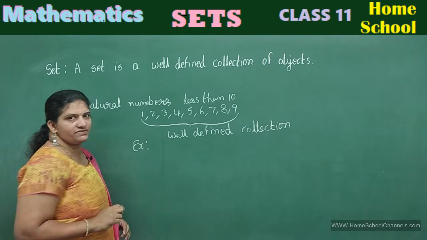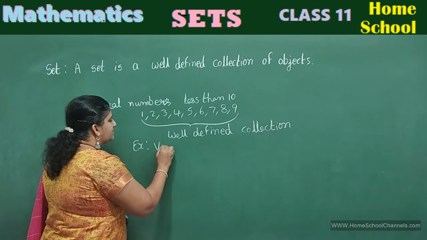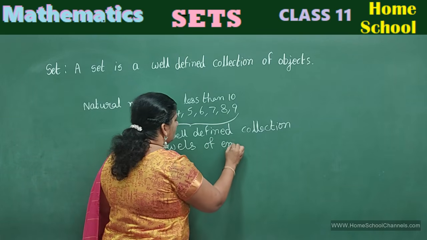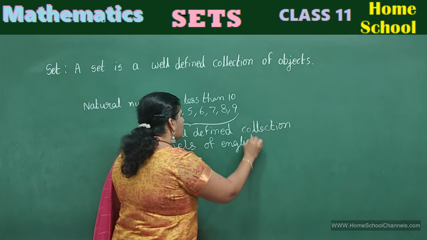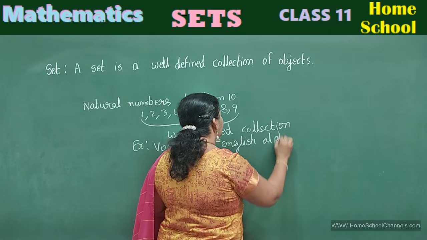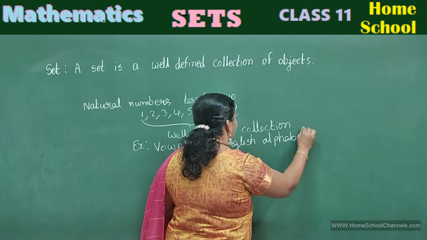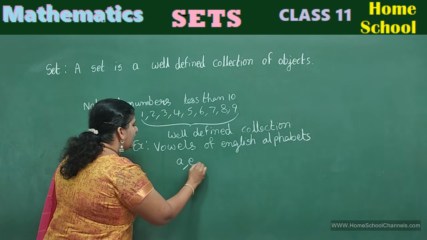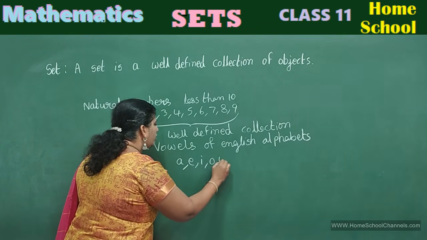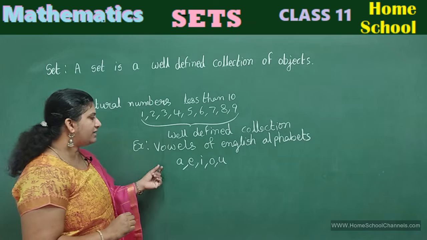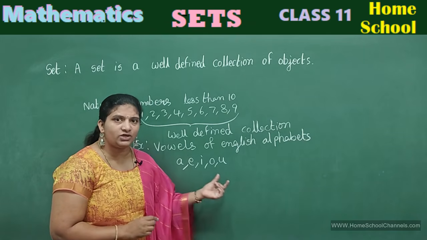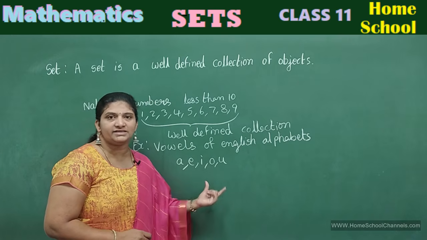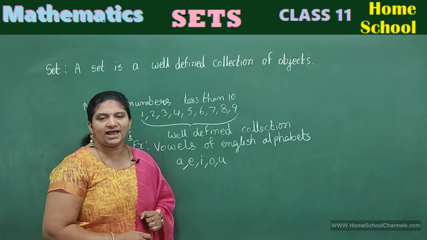Okay. Let me take some more examples of a well-defined collection. Vowels of English alphabets. What are the vowels? A, E, I, O, U. Would you call any other alphabet a vowel? No. Only these we call vowels of the English alphabet.